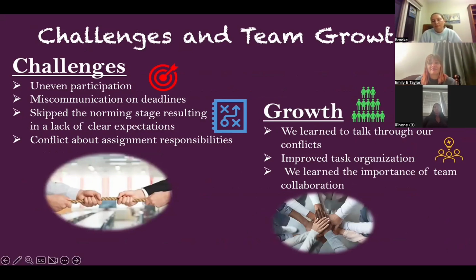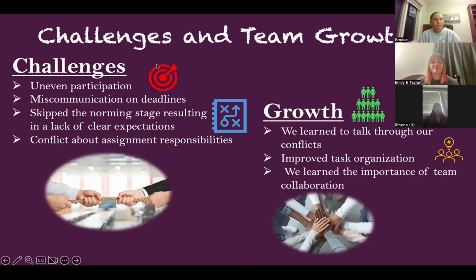Our group definitely had a lot of growth though too. I felt like we learned to talk through the conflicts, like when we didn't agree one week, I think it was one of the weeks we didn't agree completely, and we were able to talk it through in the discussions and come to an agreement on who we wanted to pick to receive the scholarship.